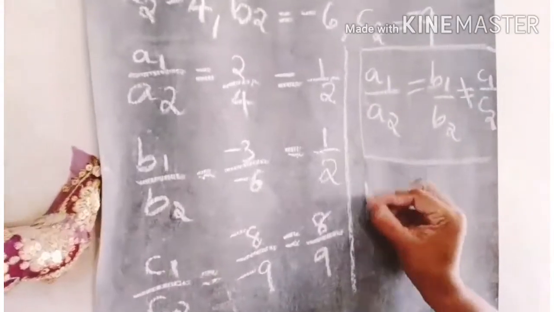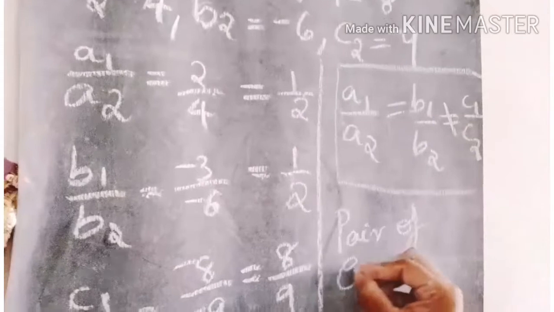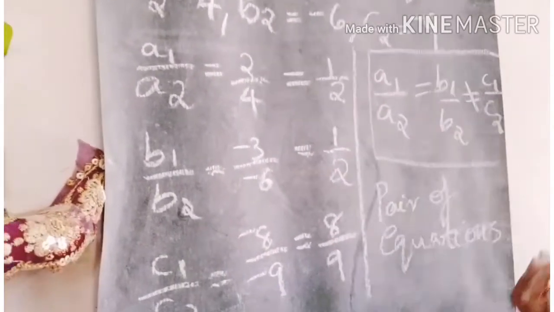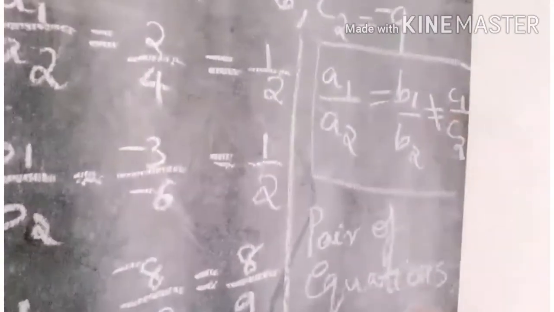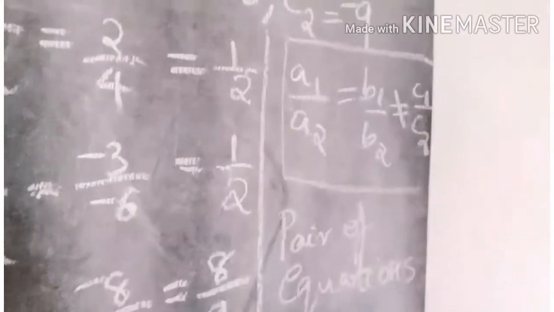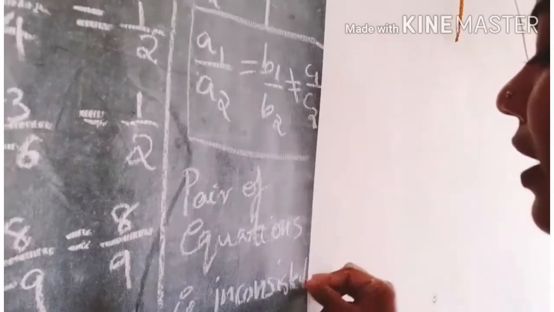So here we can write: the pair of equations has no solution, so it is inconsistent. Hope you all are clear.